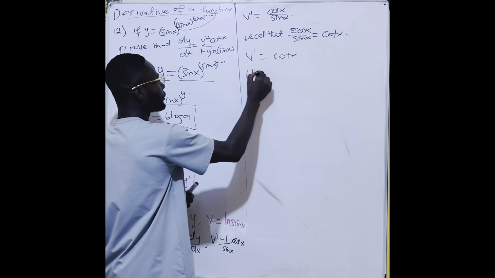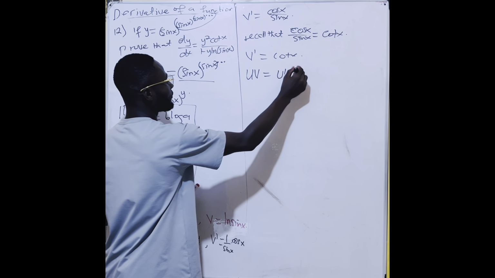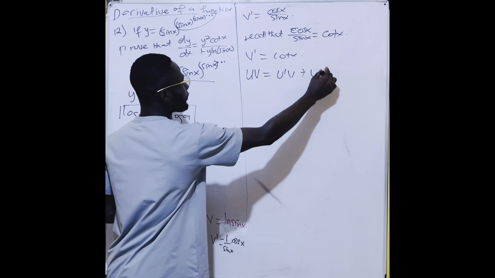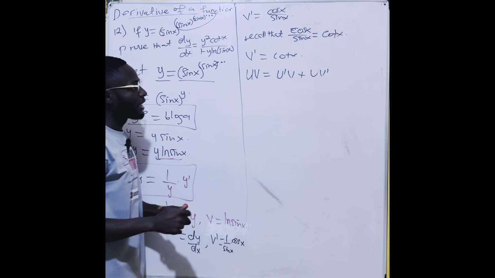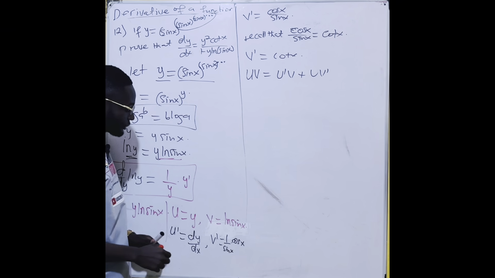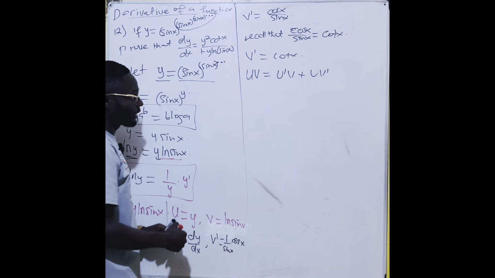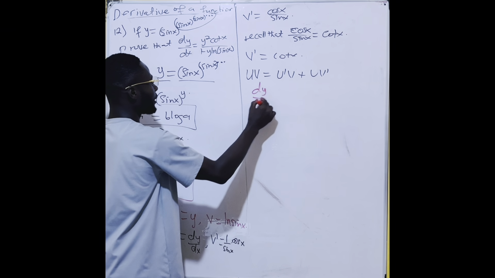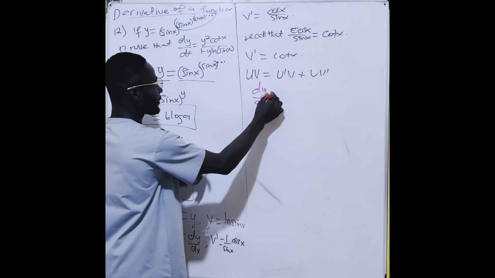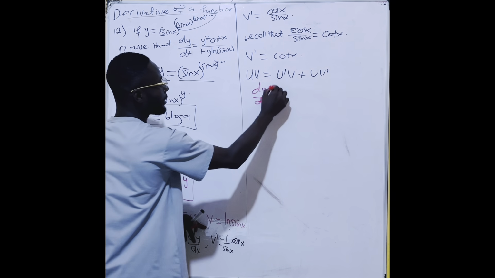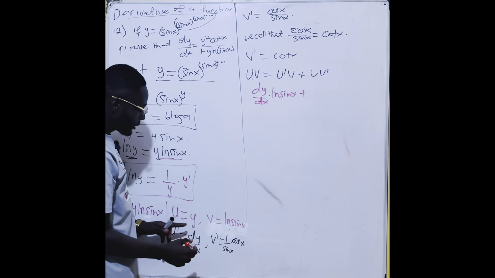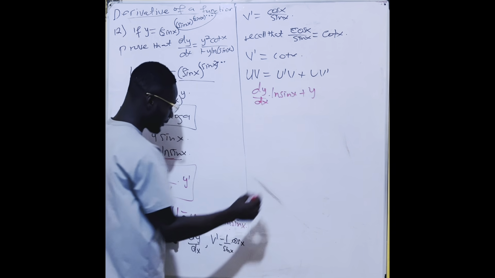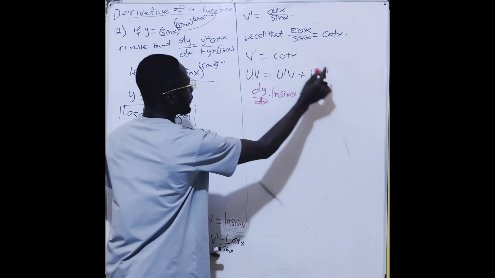So we know that (uv)' is equal to u prime v plus u v prime. Okay, so right from here, you're just going to substitute. Our u prime is dy/dx, so we have dy/dx times our v, which is ln sine x, plus our u, which is y, and our v prime is cot x.